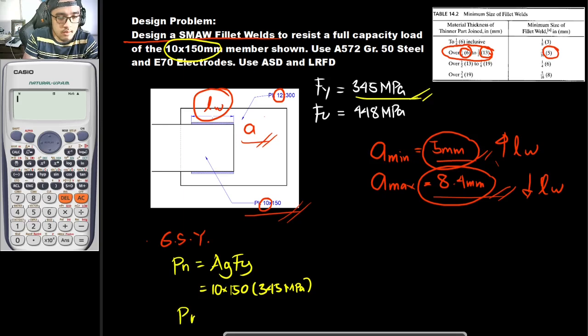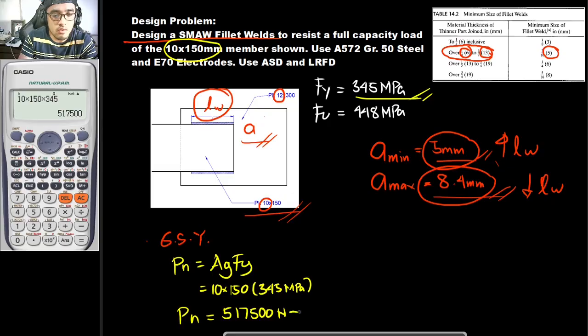So our Pn right now is equal to 517,500 newtons. And if we are to convert this into kilonewtons, this is equal to 517.5 kilonewtons. So that is for cross-sectional yielding.